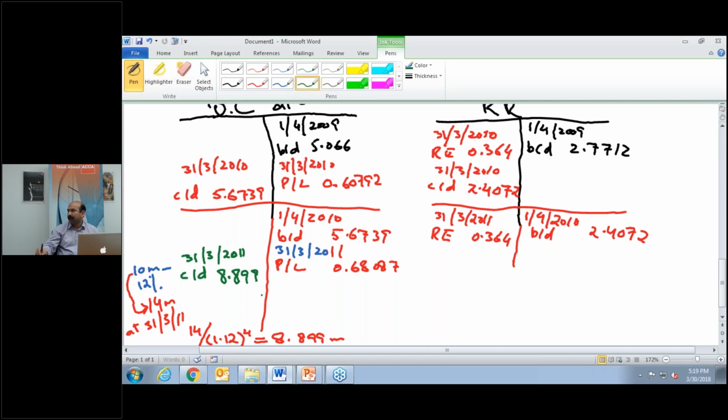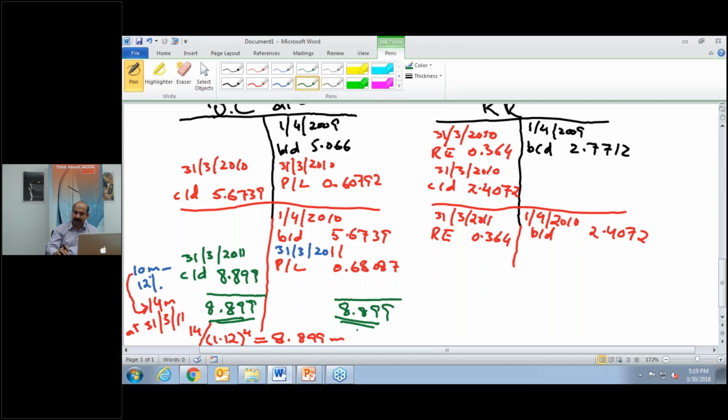So we shall make a total of these two sides, and we find that this side looks higher. See, 5.6 plus 0.68. This is not a higher amount. So this should be the total, 8.899.